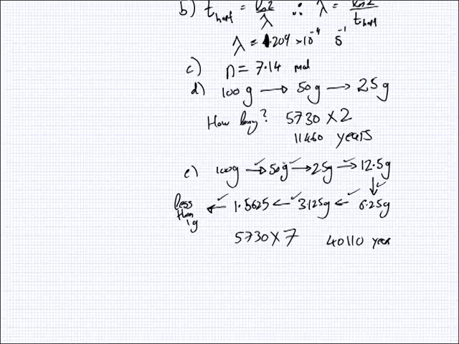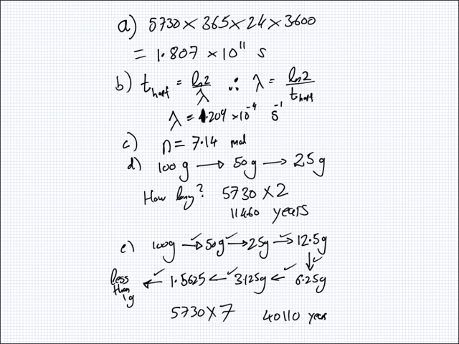Do you need to write this down, or were you writing it down? Chow, do you need to write this down? B is lambda equals 1.209.